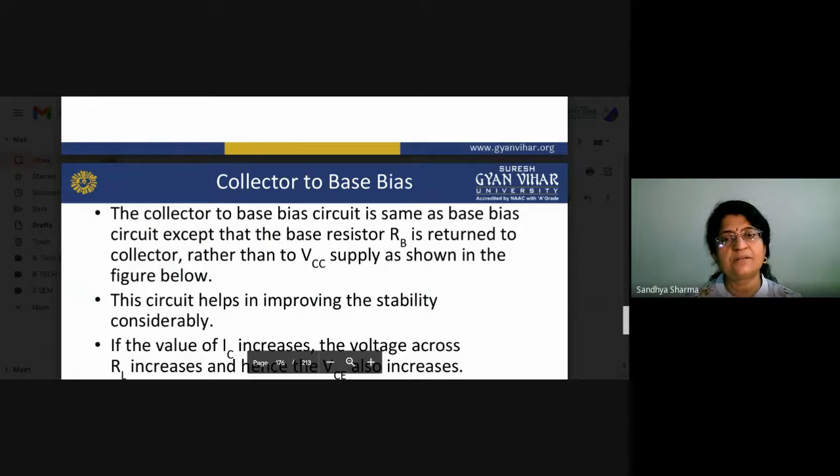Now we will see the collector to base bias. The collector to base bias circuit is the same as the base bias circuit, except that the base resistor RB is returned to the collector rather than to the VCC supply.